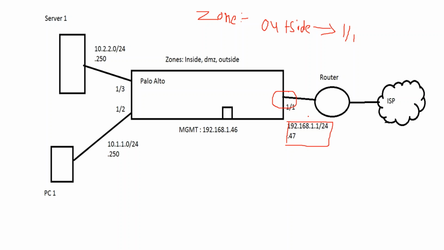Now we have one more interface, 1/2, and that is connected to my internal network, the local data connection of my users. So we have one more zone called inside.